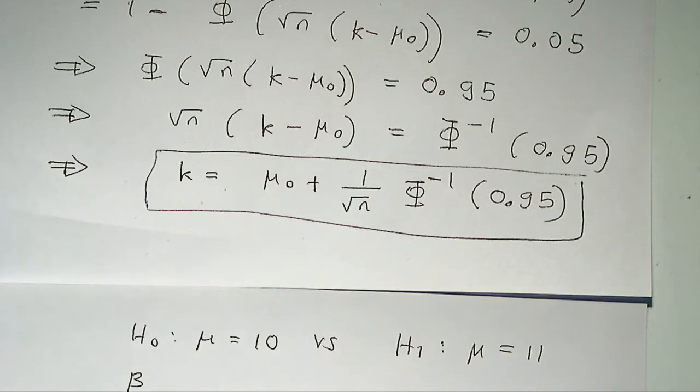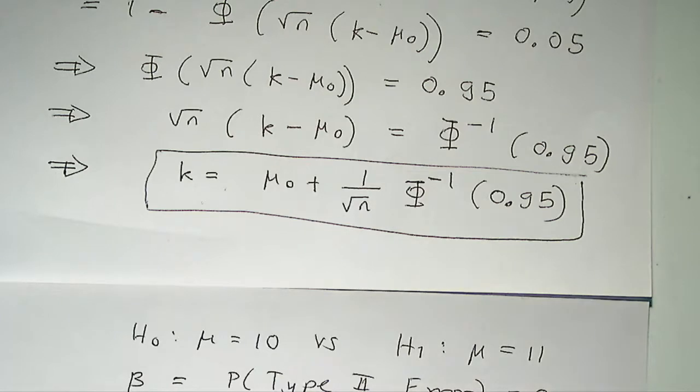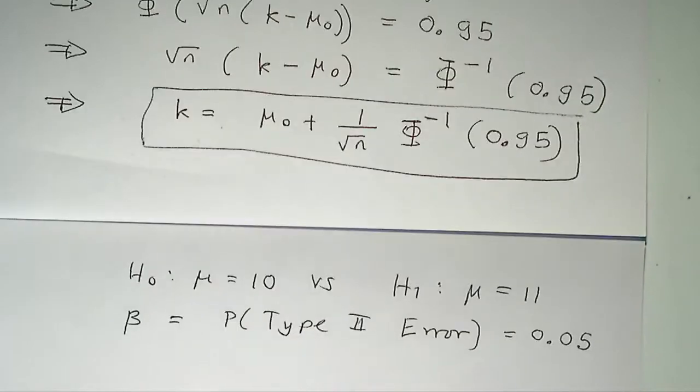Beta is the probability of type 2 error, right? We are told that beta, which is the probability of type 2 error, is equal to 0.05. Sorry guys. And the question is to determine the value for n. N is the sample size.